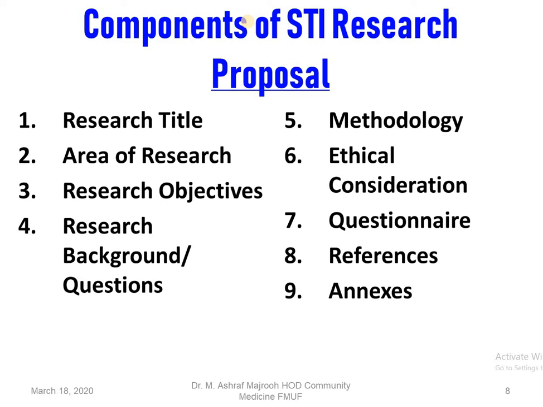Methodology again is a set of different actions to be taken, and then ethical consideration, questionnaire, reference and annex. These nine things are essential components of a typical research proposal.